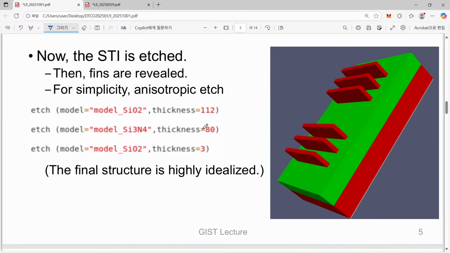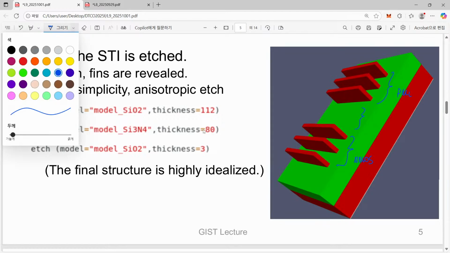Later this part will be NMOSFETs, and this part will be PMOSFETs, and in between here we have intentionally erased our fins. The reason is, of course, isolation, and we will also have a shared gate contact between them.